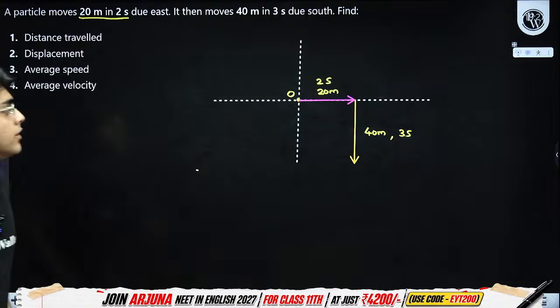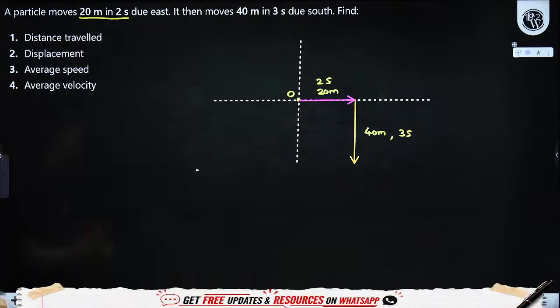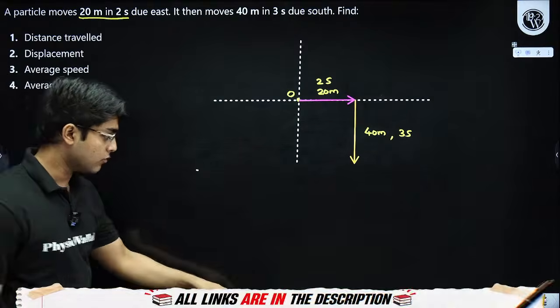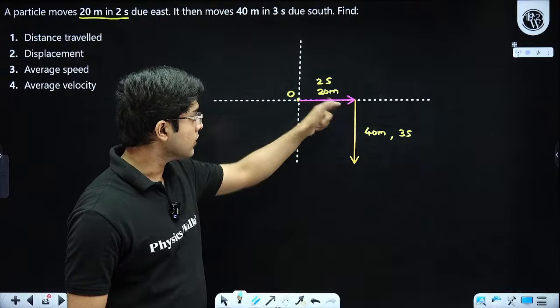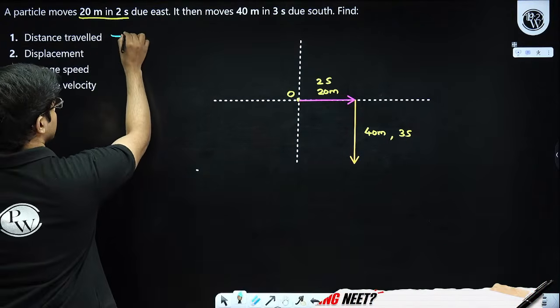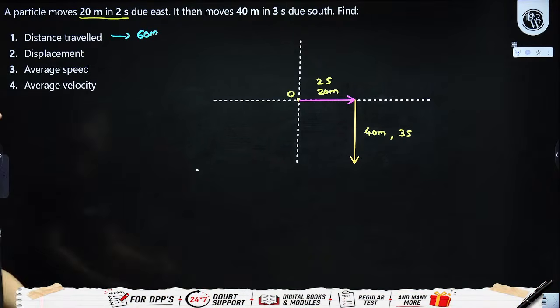Then the first question is distance traveled. What will be the distance traveled? You simply add up the total path. 20 plus 40. So distance traveled will be 60.